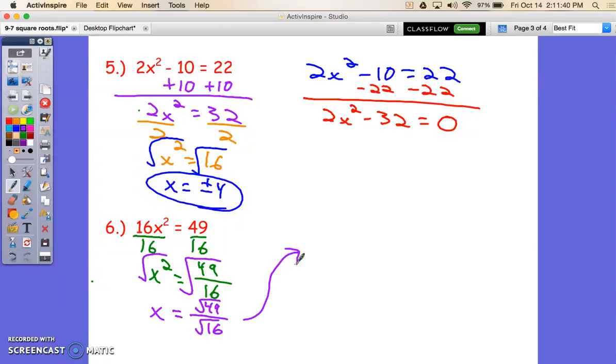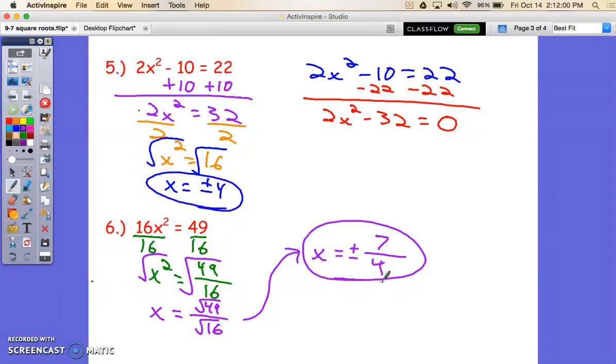Then I can say that the square root of 49 is 7 and the square root of 16 is 4. And because I did take the square root and a negative squared is the same as a positive squared, my solution is plus or minus 7/4.